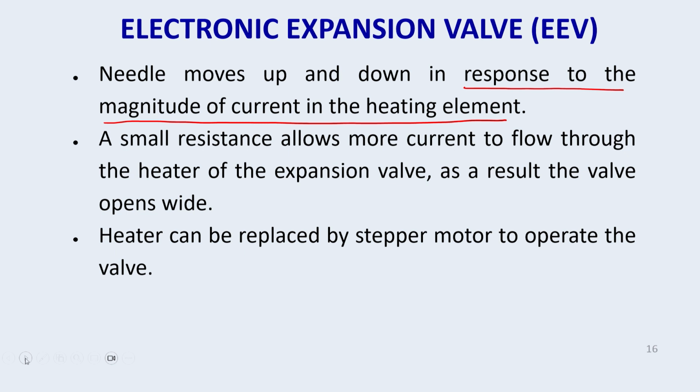As a result, the valve opens. Instead of a heater, a stepper motor can be used to replace the heater in order to operate the valves, that is to make the valves open and close. That version of electronic expansion valve is also available.